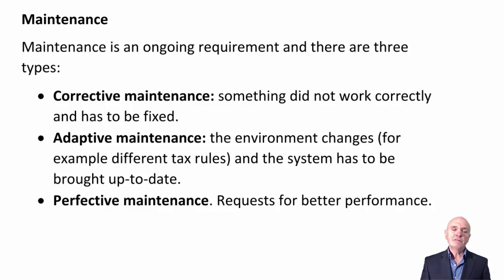And strictly speaking, for perfective maintenance, you ought to do a kind of little mini feasibility study. Yes, it will cut half an hour off your daily working, but it's going to cost $250,000 to do that. And that's an awful lot of half hours that have to be saved to pay for that. So perfective maintenance can be a bit of a slippery slope that we just need to watch.